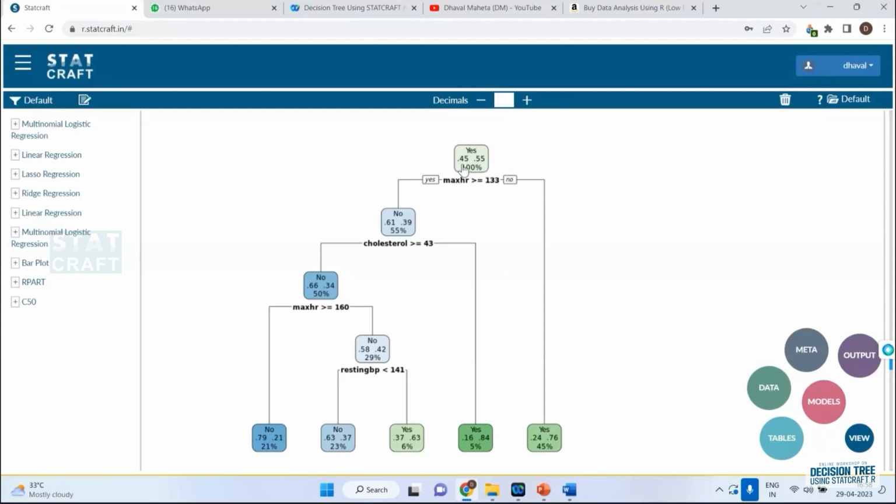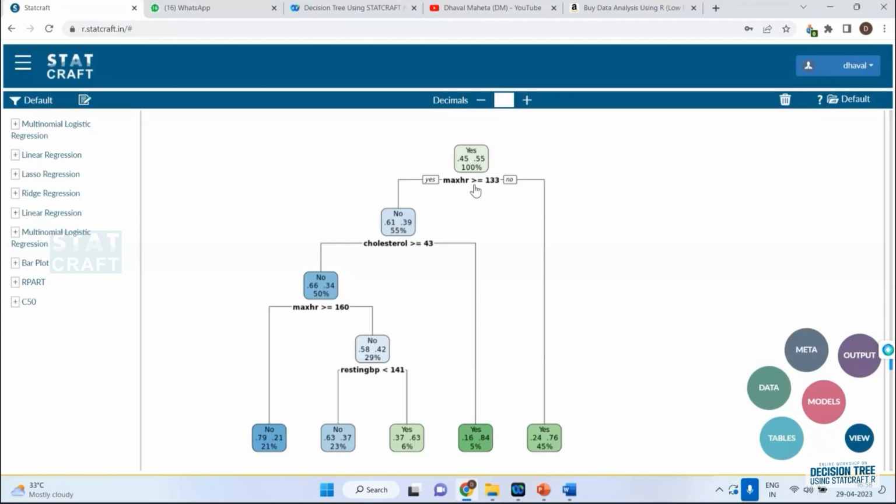So we start with the root node, yes. 45% are not having heart disease, 55% are having heart disease. Now, what is the basic factor on which it will be decided whether the person will have a heart disease or not? Maximum hours of exercise: is it greater than or equal to 133? If yes, go this side, so you will not have a heart disease.